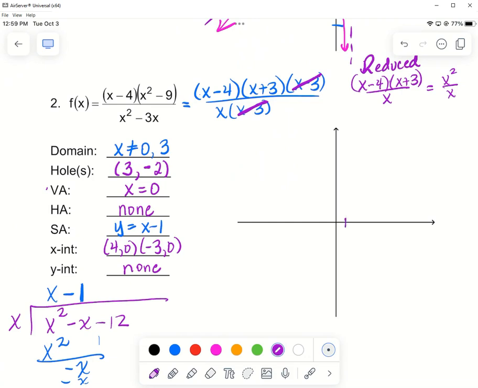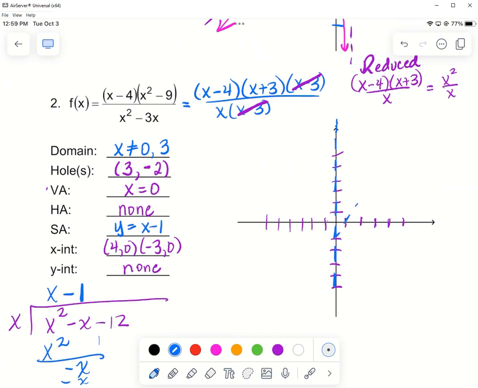So with my graph, I'm going to put my little scale in here. And I'm going to do my stuff. So I have a VA at 0. So I have that there. I have a slant at y equals x minus 1.